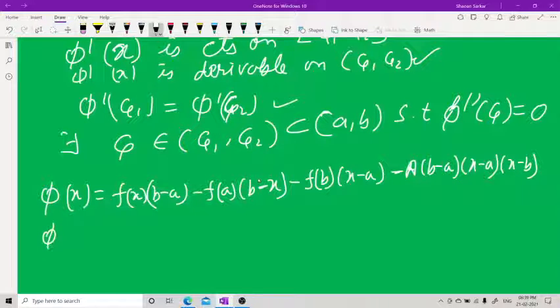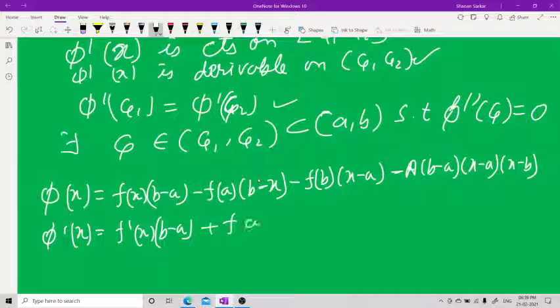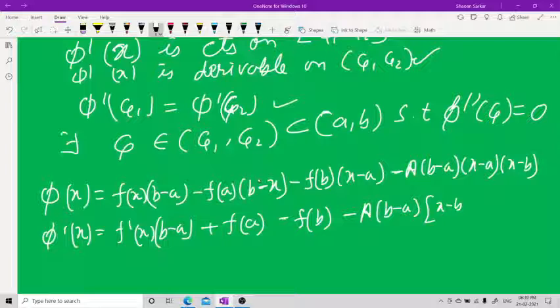Now phi dash x is f dash x (b minus a), then plus f of a, minus f of b, minus A (b minus a). The first is x minus b. The next one is using product rule here, plus x minus b.